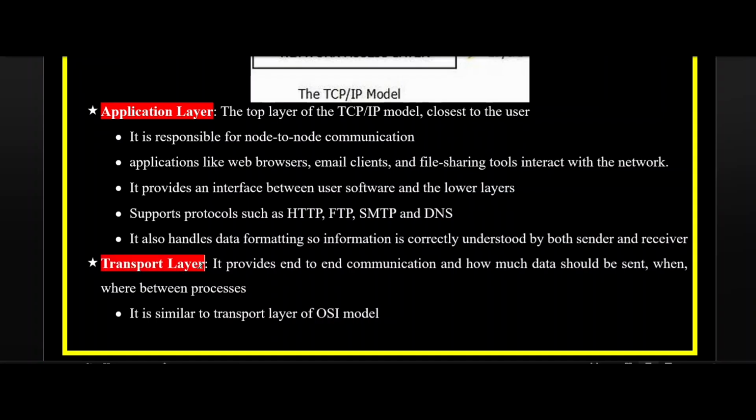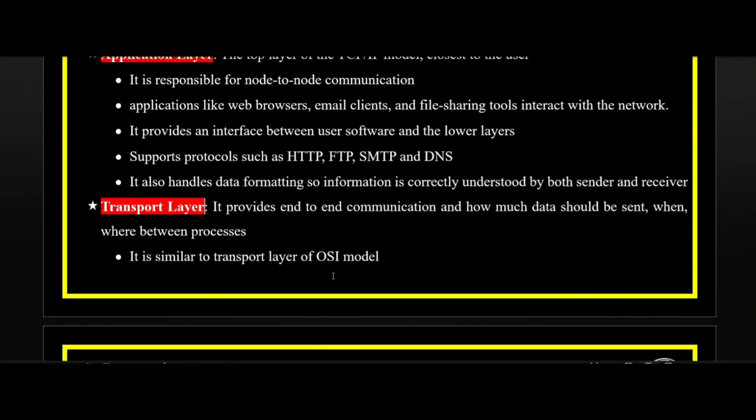The next one is the transport layer. It provides end-to-end communication, and controls how much data should be sent, when it has to be sent, where it has to be sent, and between which processes.